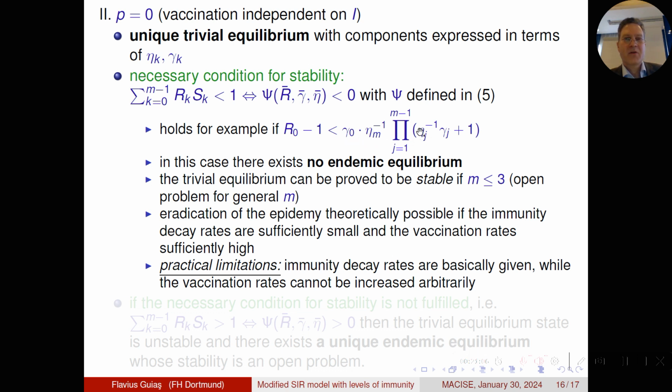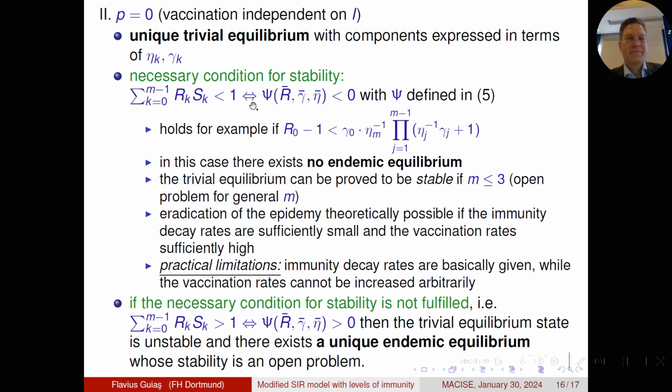You have to know the rates of decay of immunity, and you have to know how frequently you are allowed to vaccinate, because you cannot vaccinate every month or so, or every 3 months, or every half a year, maybe once a year, I don't know. It depends, and that's why also in this case, it's not guaranteed that the epidemics will be eradicated. Theoretically, it's possible, but in practice, the answer depends on what is the relation between these coefficients.